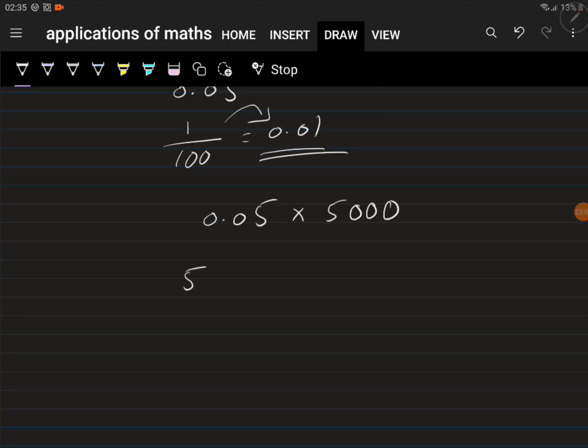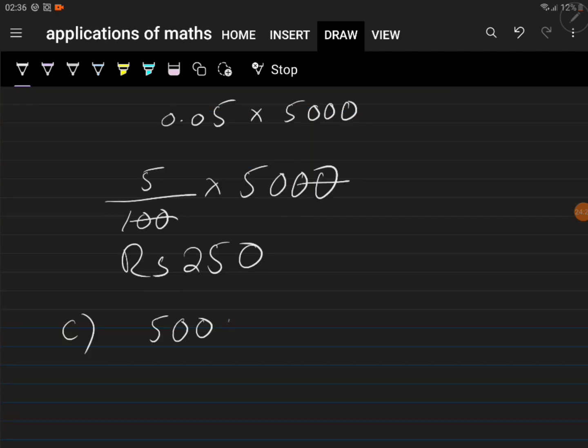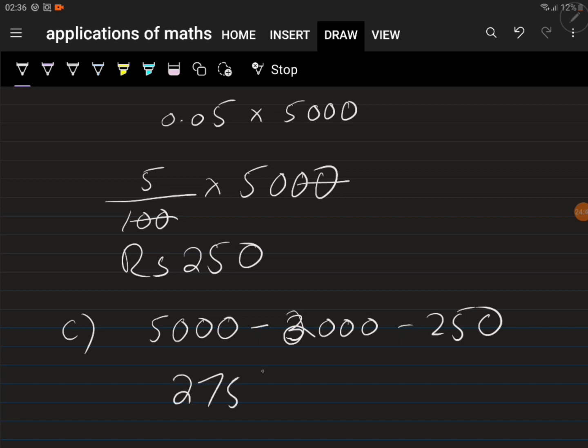And we say yes, but if you divide 5 by 100 and multiply it by 5,000, you're gonna get the same result. He's like, yeah, yeah, yeah. Makes perfect sense. I get 250, right? And we're like, yes, you get 250 rupees. Now in part C, I use the fact that I have 5,000. I use 2,000 and then I use 250 again. I use this fact and it's like, yeah, you have 2,750.